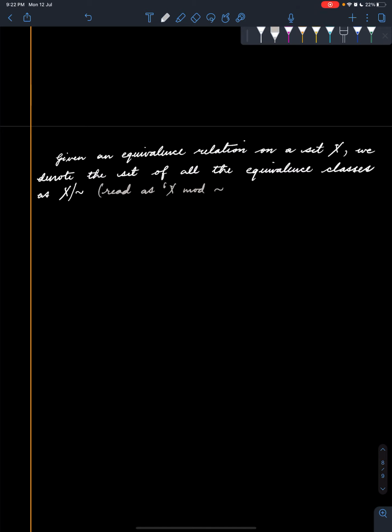So X mod tilde, whatever relation that might be. So that's a notation.